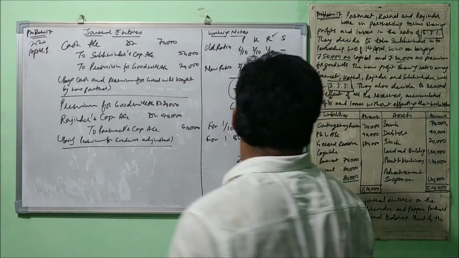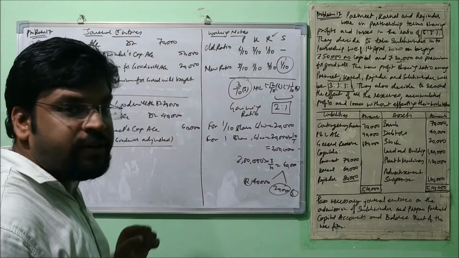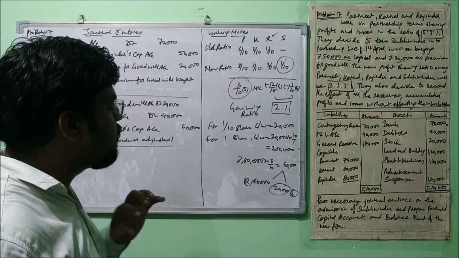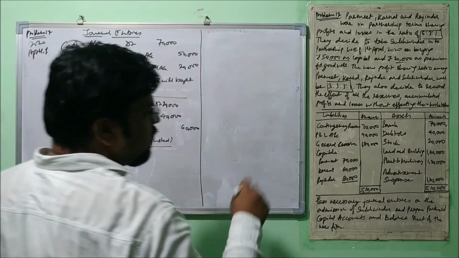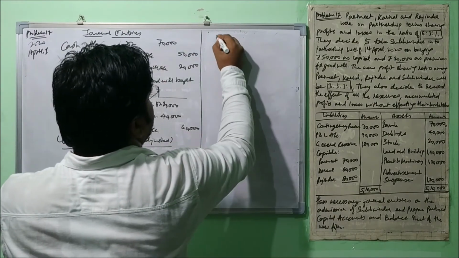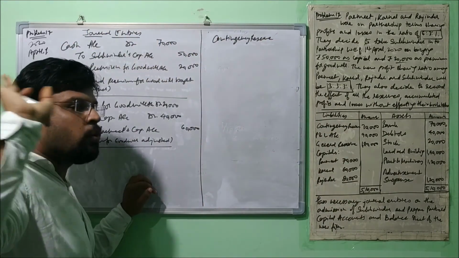The third entry will be related to the adjustment of reserves and accumulated profit and losses. For that we have to do some kind of exercise here. We have to calculate very first the net impact. Already I have discussed this thing in the previous videos, you can go back and see that.